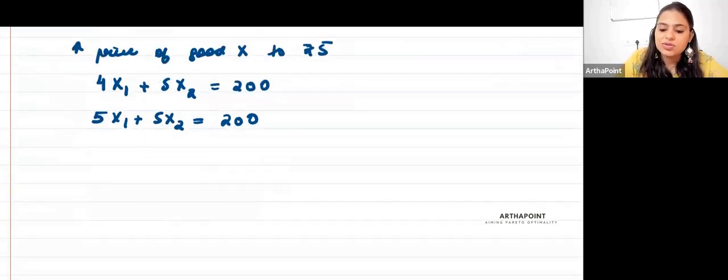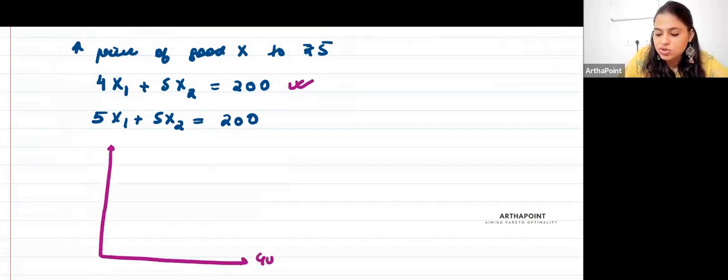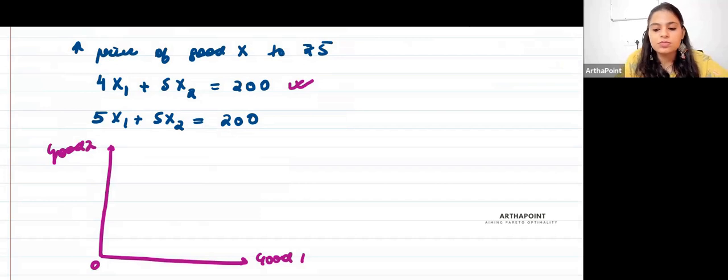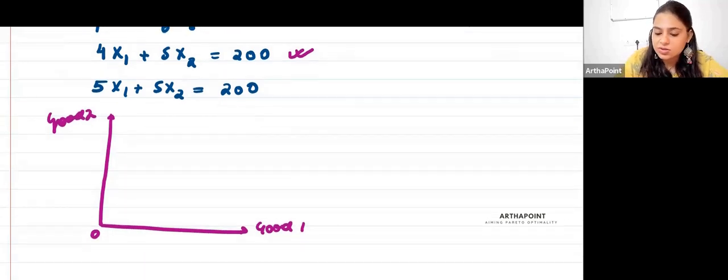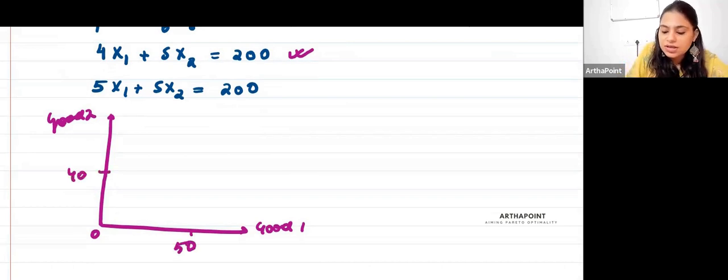Now, just imagine this. This is how my budget line looked. We just drew it. Good 1, good 2. I had 50 here and I had 40 here, and this was my budget line earlier.